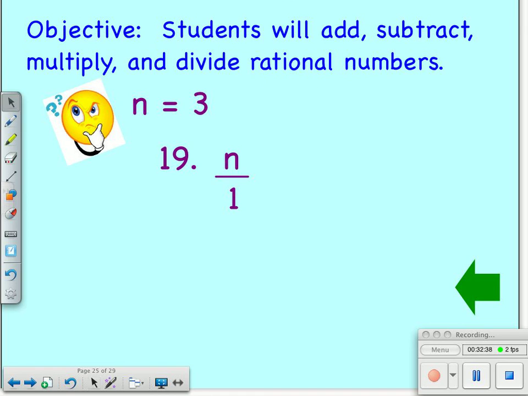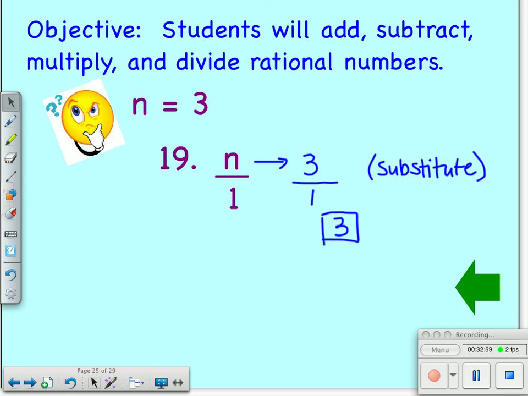So we're going to substitute the n for 3. Again, that's substitute. Every time, don't forget that word. That's a good one for all year for you to remember. Substitute. Divided by the number 1. Well, 3 divided by 1 is 3. So this is my answer, just 3. And good, we're correct. We're almost done. We just have a couple more.